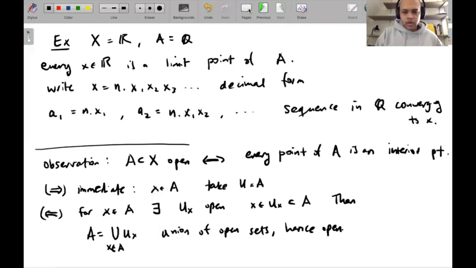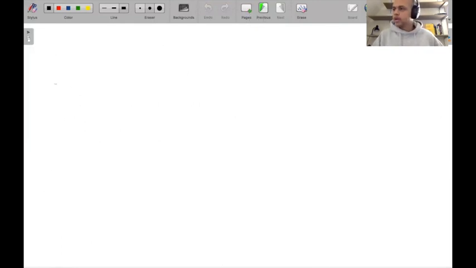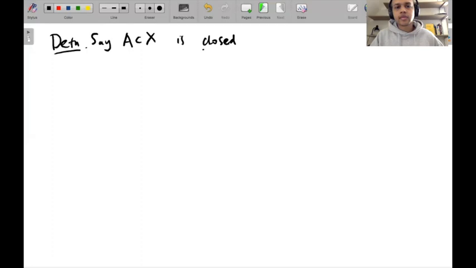So next I want to introduce one more piece of terminology related to this subset trichotomy. Definition: we say that a subset of X is closed if it contains all of its limit points.